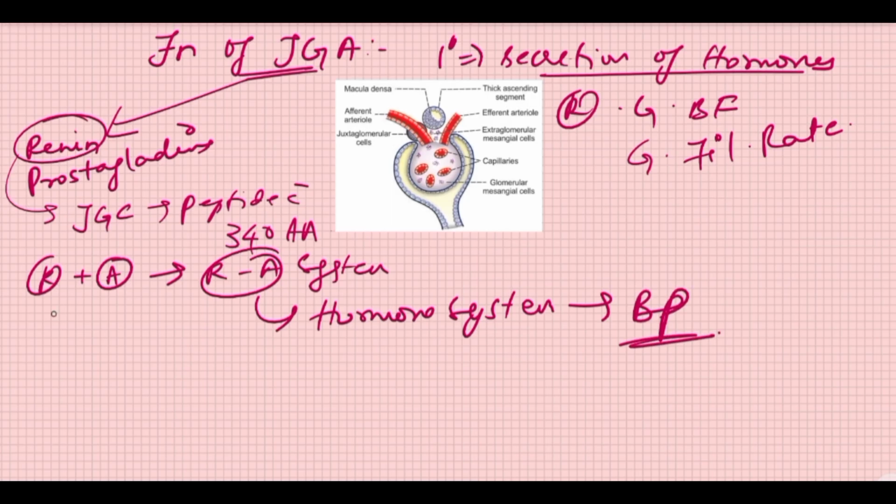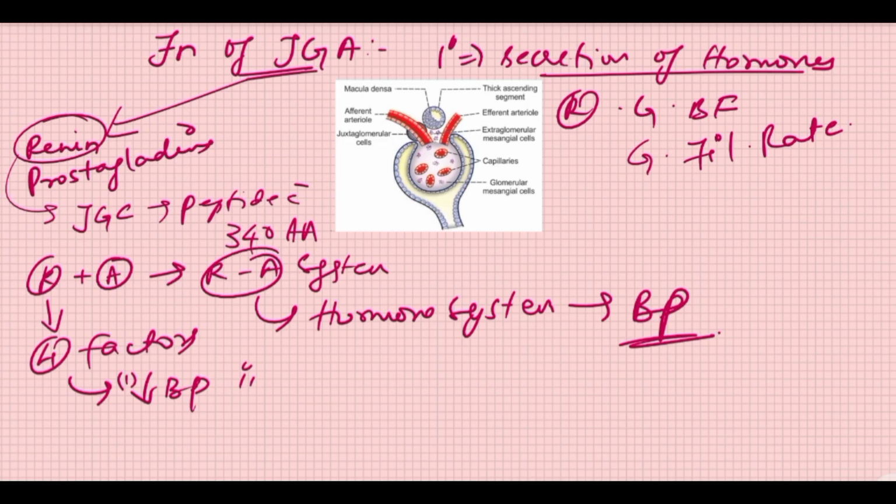The secretion of renin is stimulated by four factors. The first one is the fall of BP.